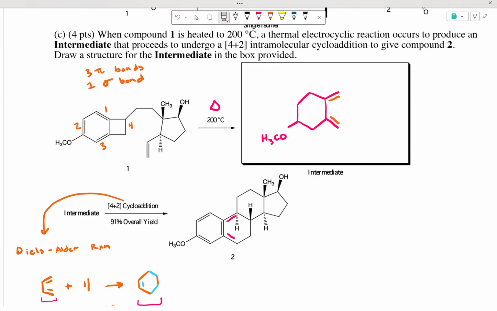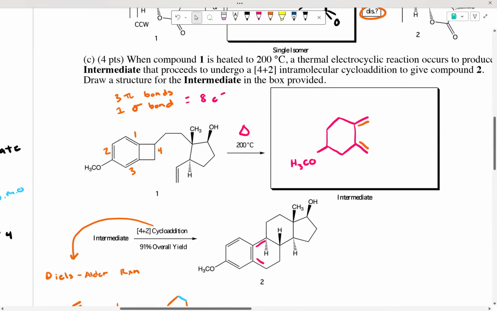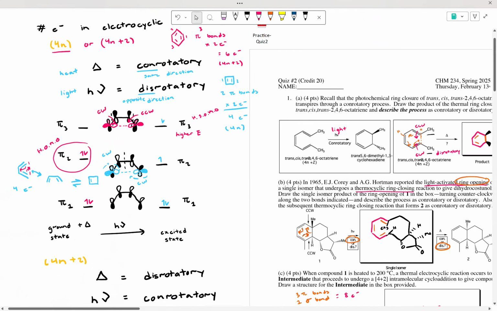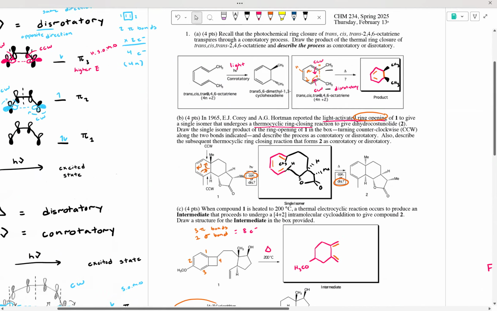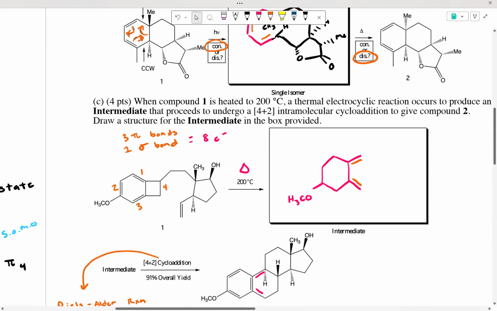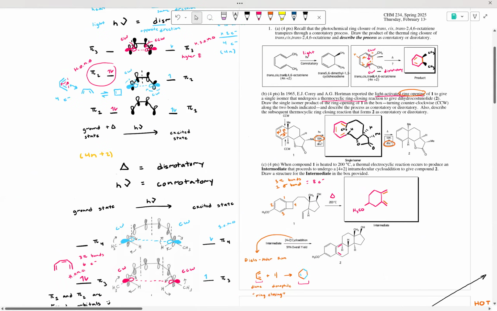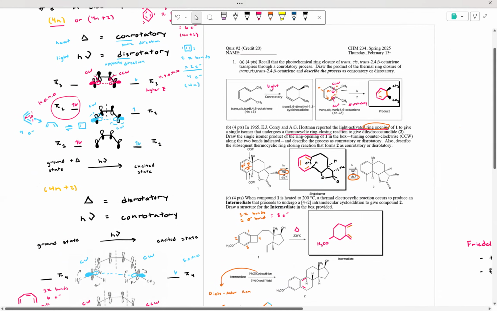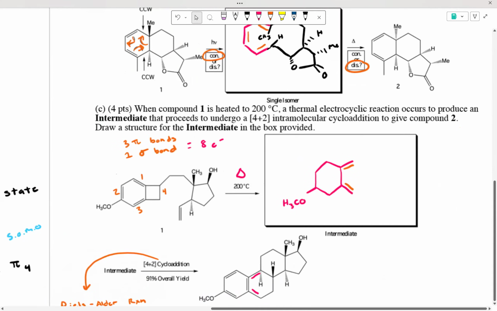So that means I have a total of 8 electrons. If I have 8 electrons, and I'm undergoing heat, that means that my molecular orbitals are gonna rotate in the conrotatory direction, which is the same direction.